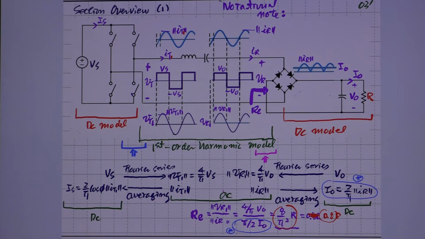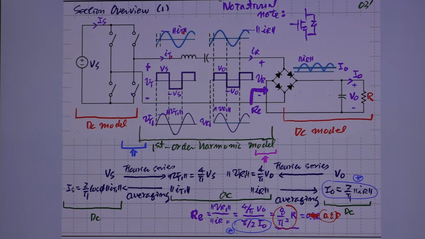All the switches in the resonant converter are bidirectional, but I'm using several different symbols for that. This is the formal representation of a MOSFET switch as a bidirectional switch.